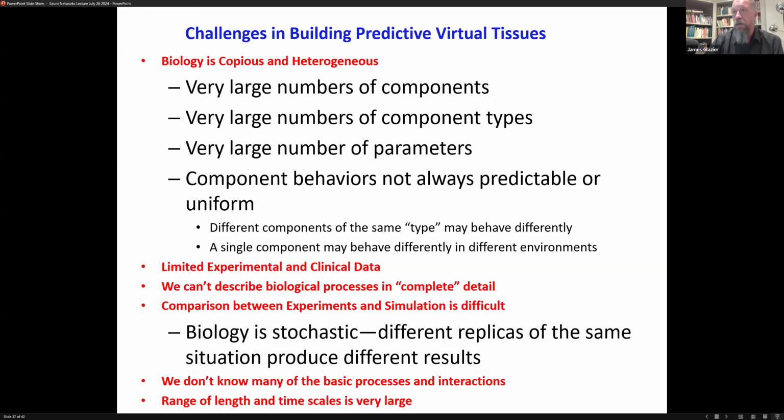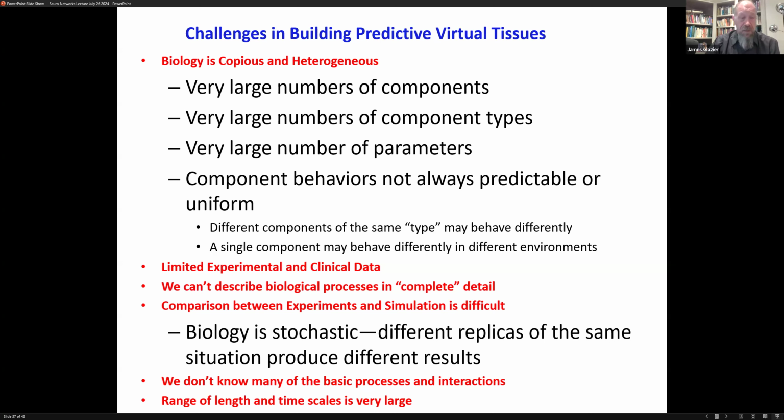These kinds of models are complicated. Biology has lots of components. Reproducibility between components is not great. Two cells that are both nominally the same type, two neurons, two hepatocytes, two endothelial cells, are quite different from each other. Things are not standardized as engineered systems are.